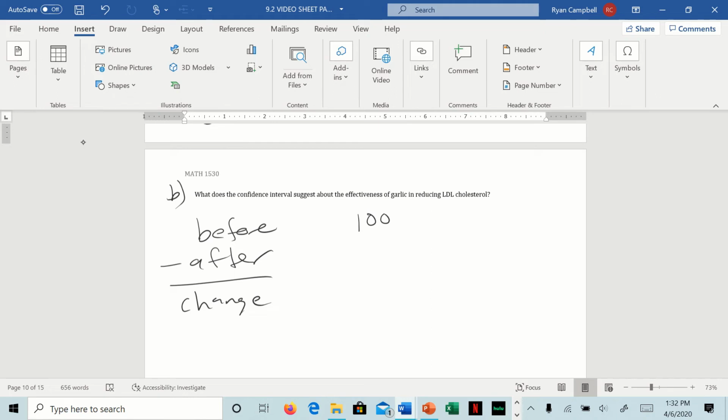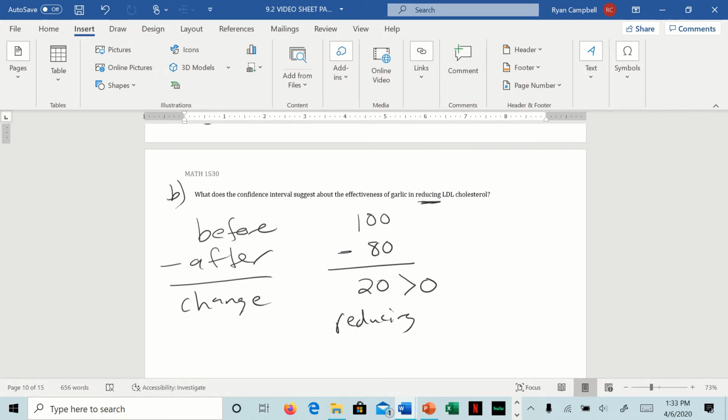All right, so if you are trying to reduce cholesterol, then the after should be less. So let's choose a number less than that. Let's choose 80, right? So when we subtract, we get 20, which is a positive number. This is reducing cholesterol.